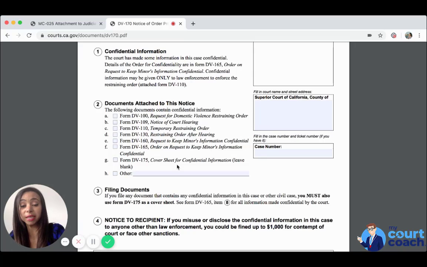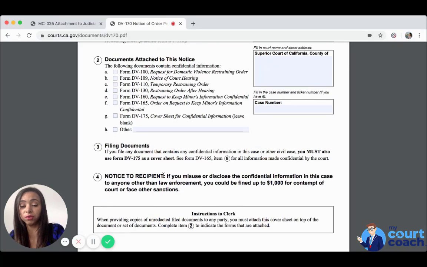The request to keep the minor's information confidential, the order on the request to keep the minor's information confidential, and then a cover sheet for the confidential information that is going to be attached to this, and it's left blank, and then any other documents that need to be part of the request for the restraining order would also be identified here.